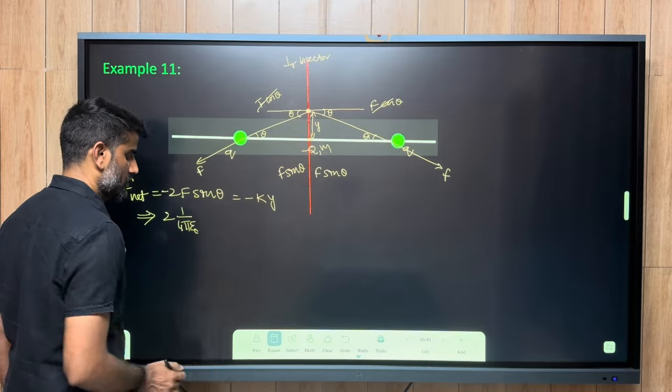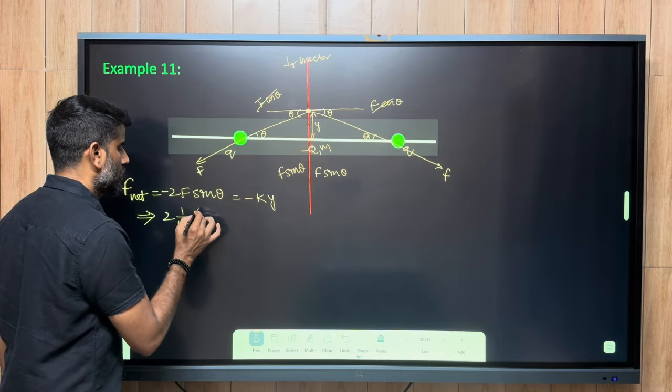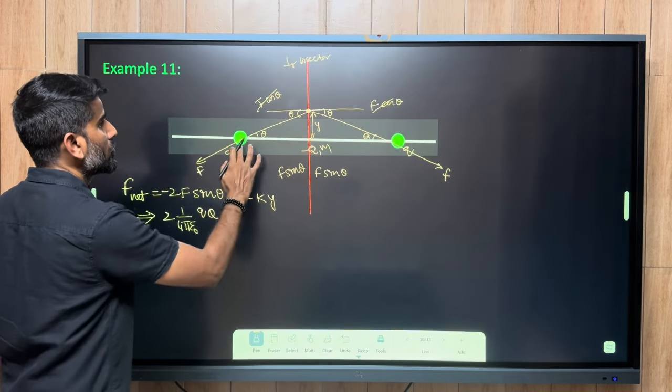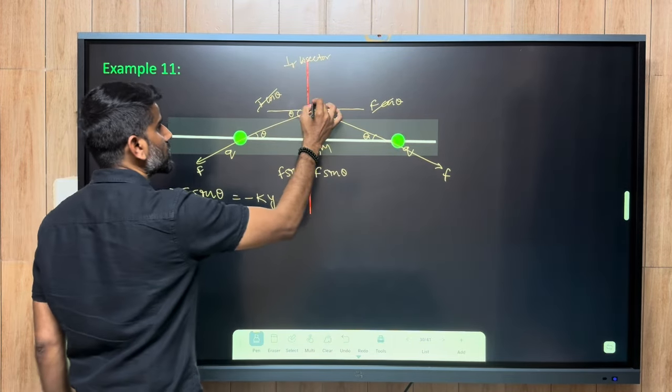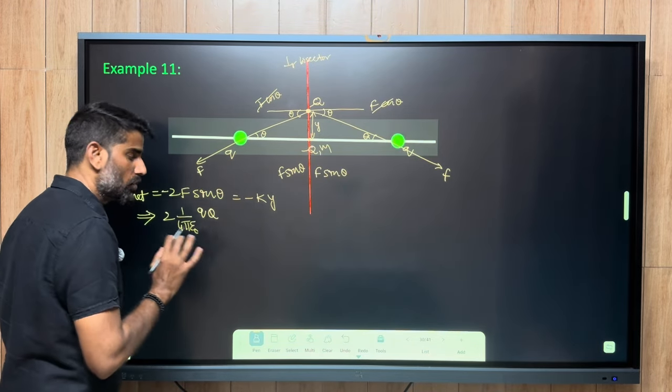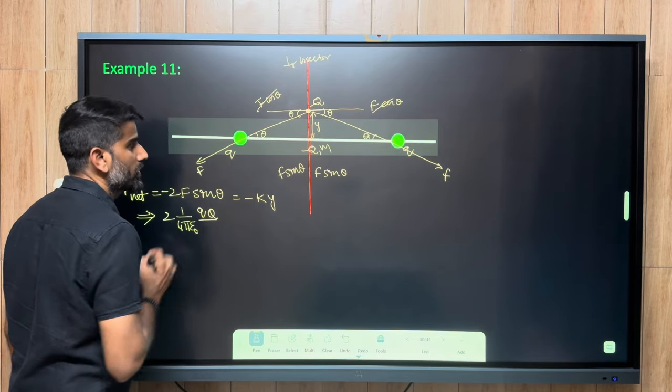So F, capital Q, capital Q. Now this Q is somewhere here, right? So capital Q, minus Q. I am taking the magnitudes only. Q, capital Q by distance.